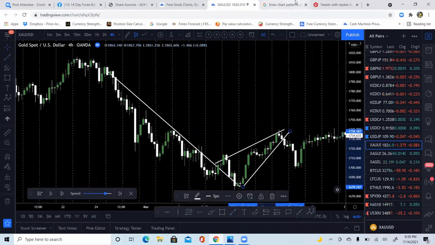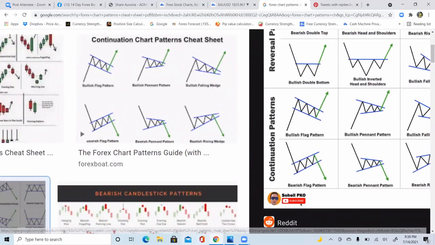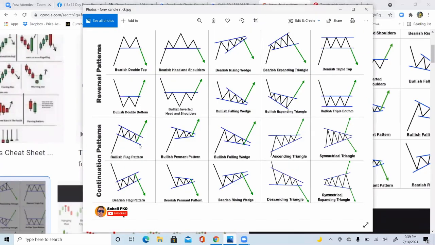Now that brings that up, here's what makes a wedge different from a flag, right? So if we zoom back in here, I actually have it on this. You see that the flag pattern is relatively evenly spaced out, like the movements are even. Whereas a wedge pattern will create higher highs and higher lows, but it squeezes in the further you go.